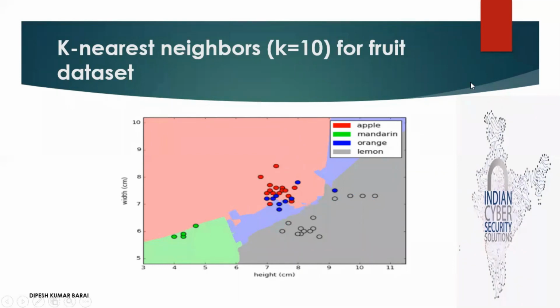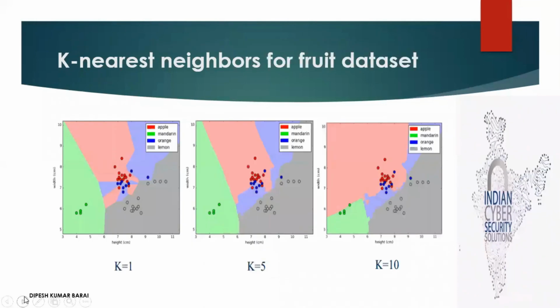Okay, so now if you compare the three decision boundaries here, the decision boundary is changed by the value of k.